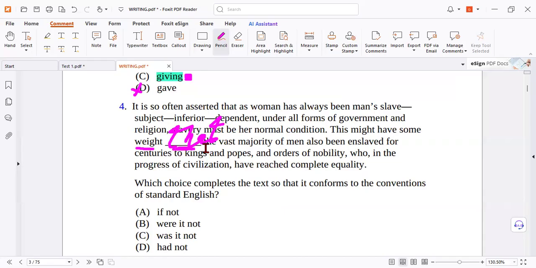So this means it's the beginning of a clause. Here we need a verb. So were it not, was it not? It's not a question, and for a hypothetical situation, it does not make sense. So here we have had not as the verb. So this is the subject and this is the verb, and we have a relative pronoun. Imagine it.